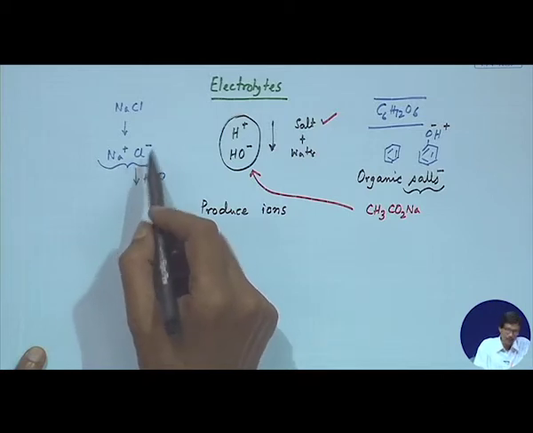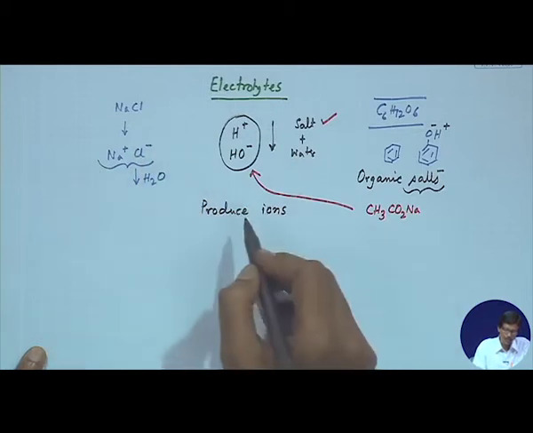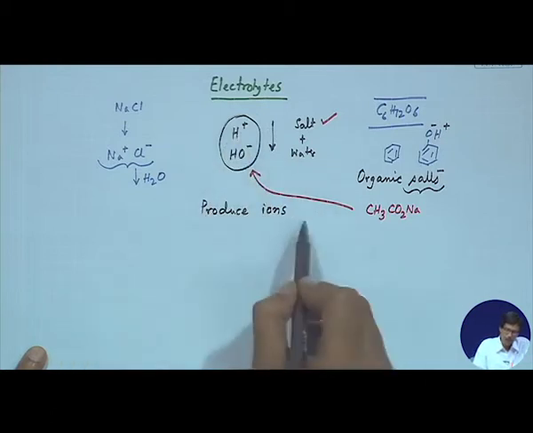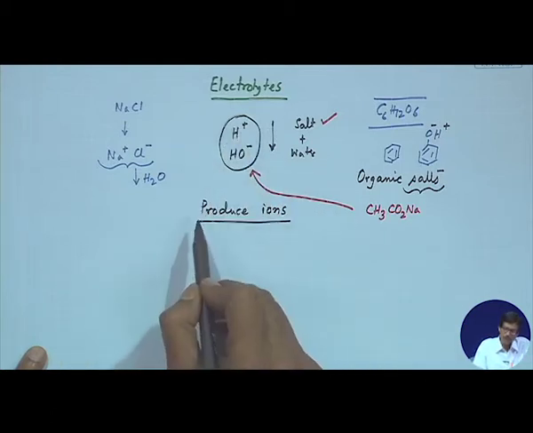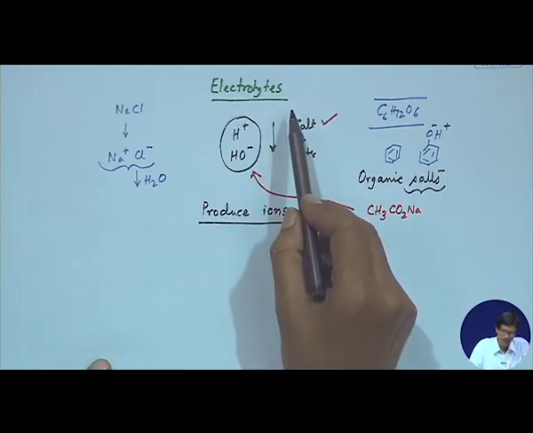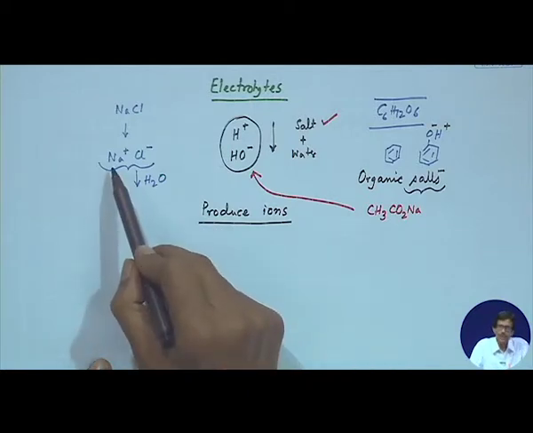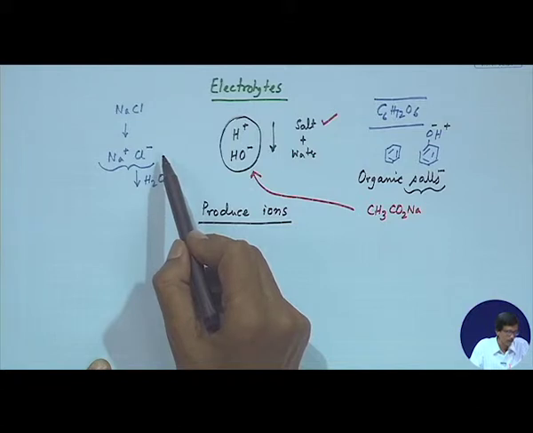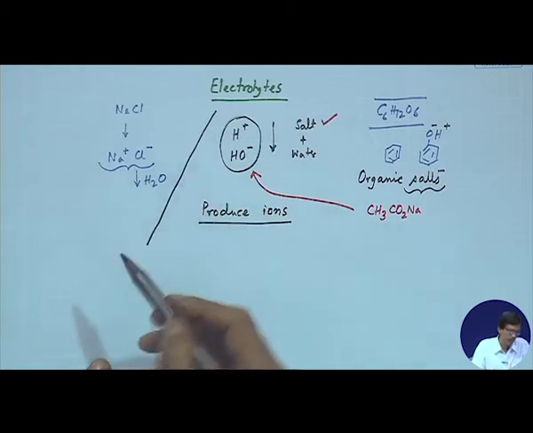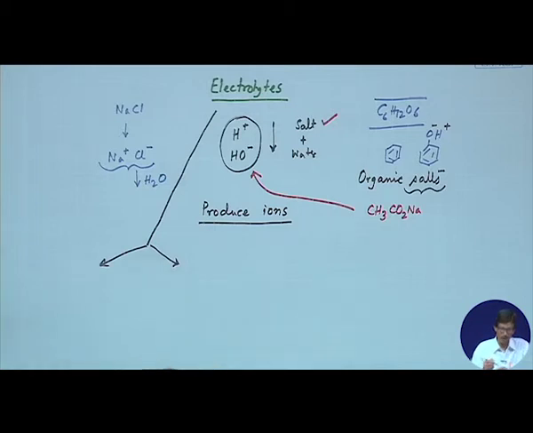When we dissolve it in water, we know that sodium chloride is a very good electrolyte which can conduct electricity and also produce ions. The ions are nothing but Na plus and Cl minus. So these electrolytes are basically producing ions.